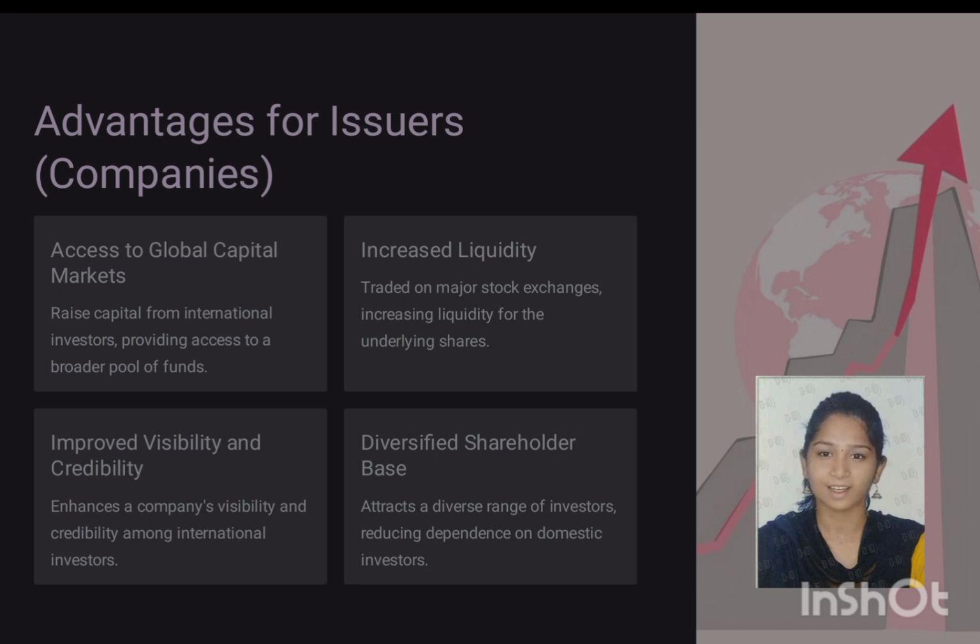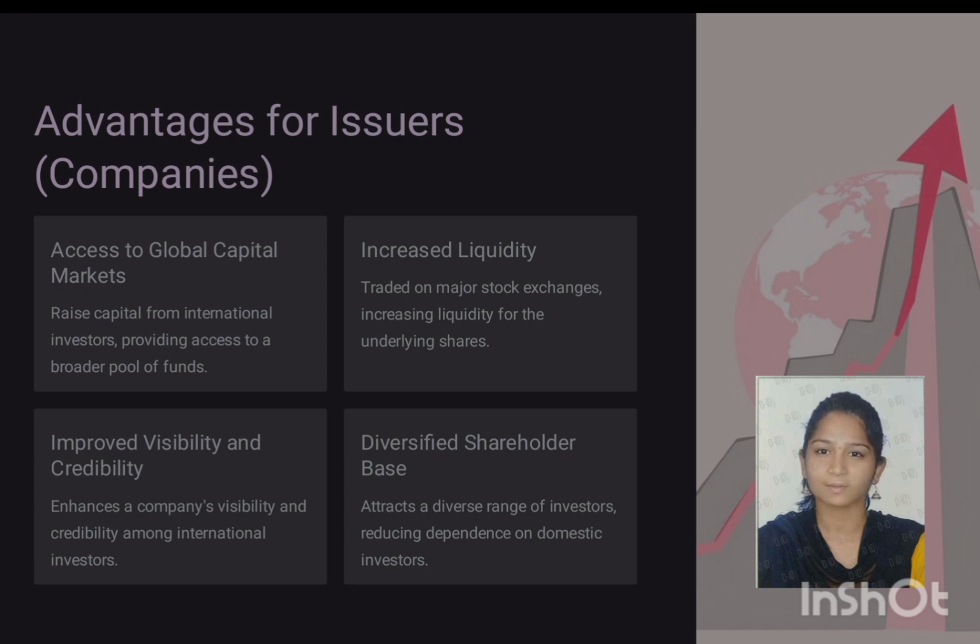Improved visibility and credibility. Listing GDRs on foreign exchanges enhances a company's visibility and credibility among international investors. Next benefit is diversified shareholder base.